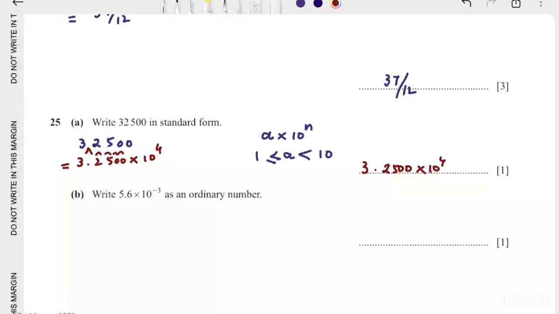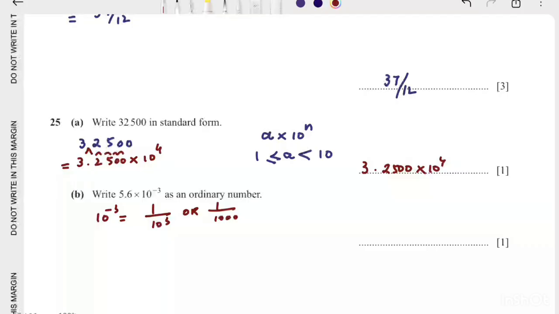Next part: write 5.6 times 10 raised to the power minus 3 in the ordinary form. So 10 to the power minus 3 can be written as 1 over 10 cubed, or 1 over 1000.